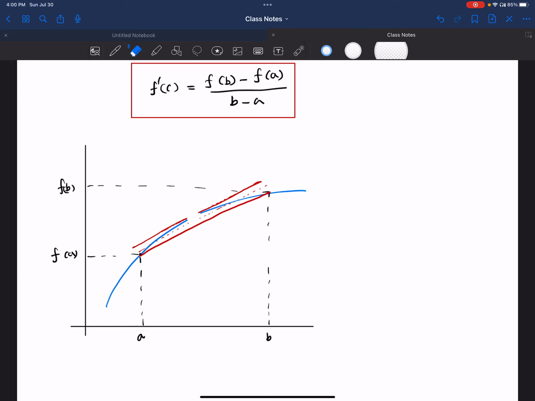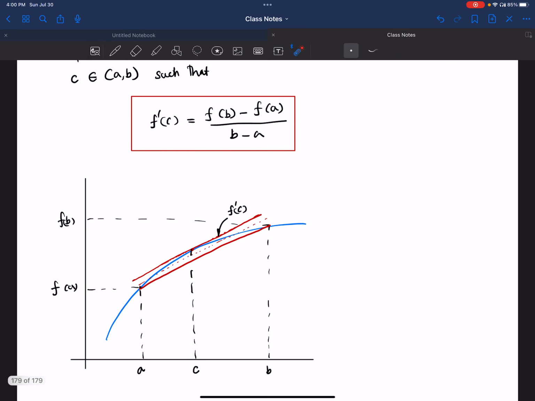So that point is C, right? If that point is C, what is this one? This one is the slope of the tangent line, which is actually f prime of C. And this part of the equation is the slope of the secant line.